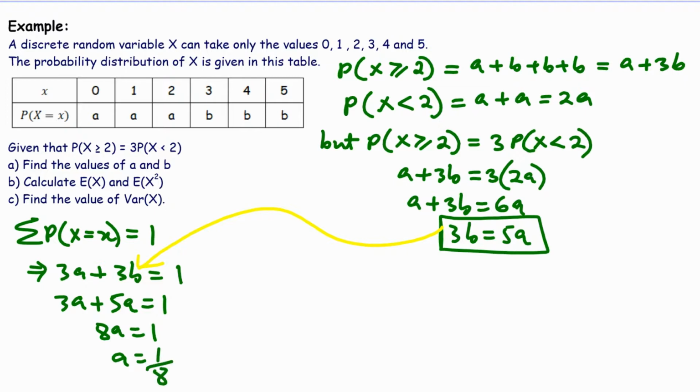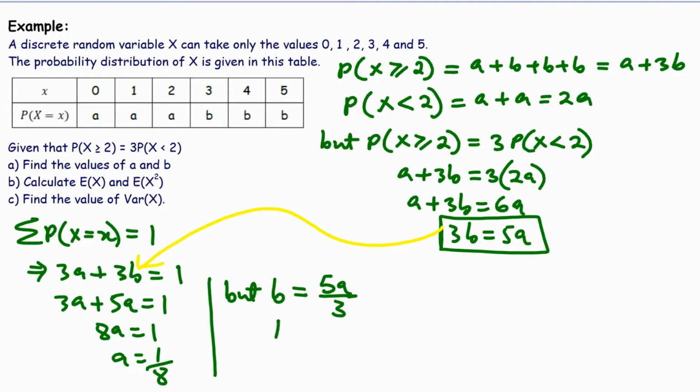Perfect. So we have the value of a. Now, of course, if we have the value of a, we can find the value of b. Because we know that b, from this equation, will be equal to 5a over 3.